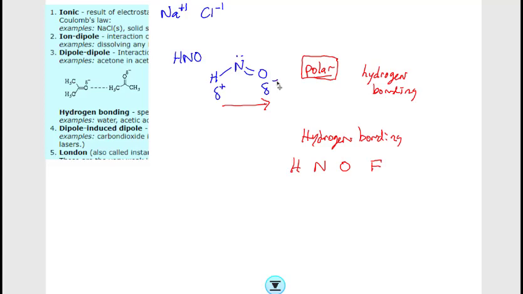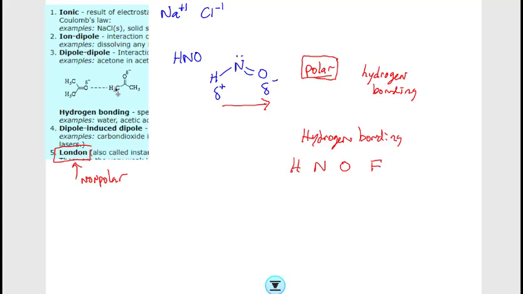That happens when you have very polar molecules attaching to very nonpolar molecules. And if they are nonpolar, then we get this thing called London dispersion forces that will hold that particular group together.